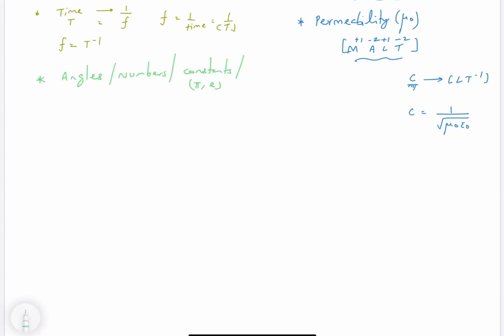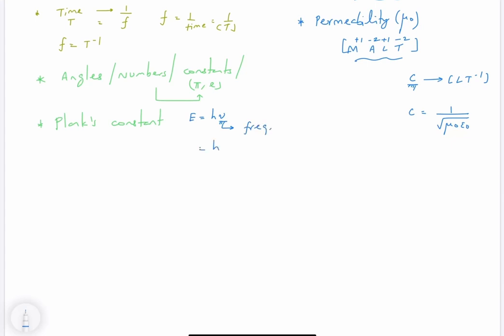Constants here refers to numerical constants, not constants in physics. For example, we have Planck's constant. This we easily derive from this formula, the beautiful formula E equals h nu. Very, very important formula also. Nu here stands for frequency.